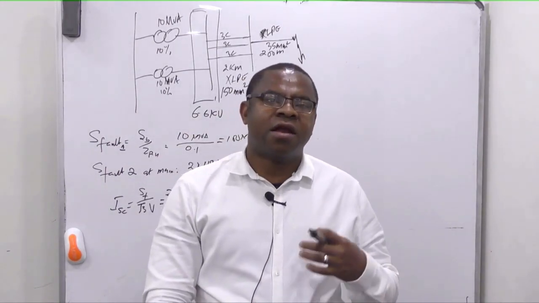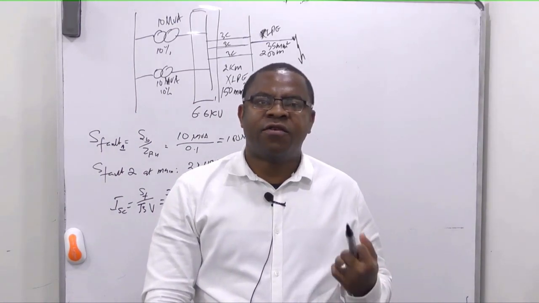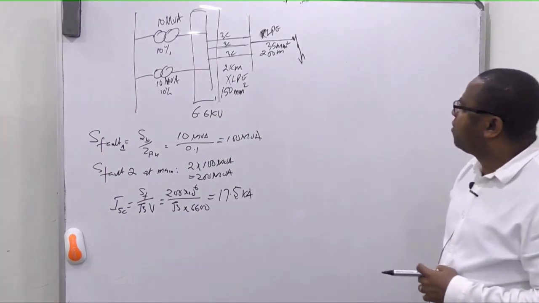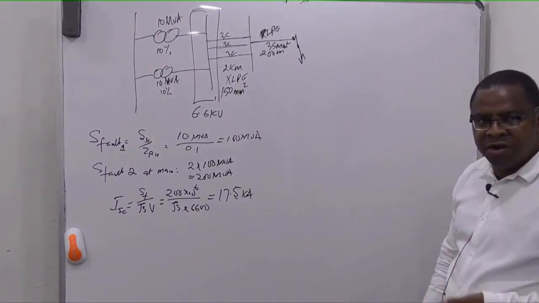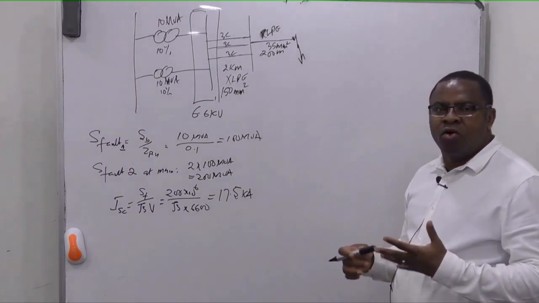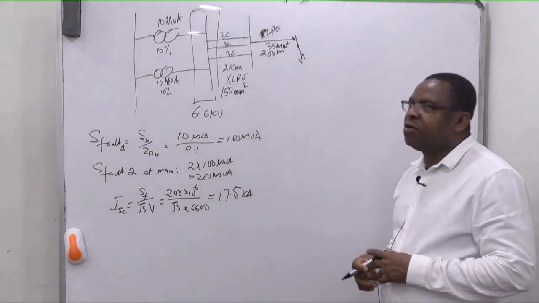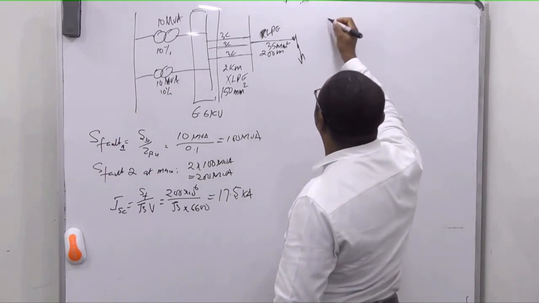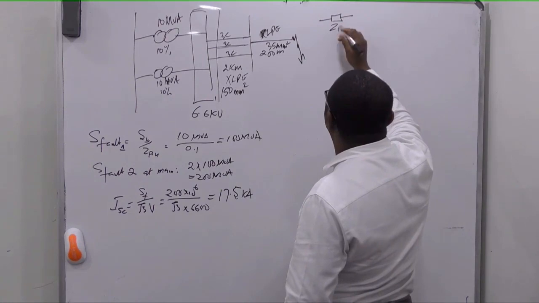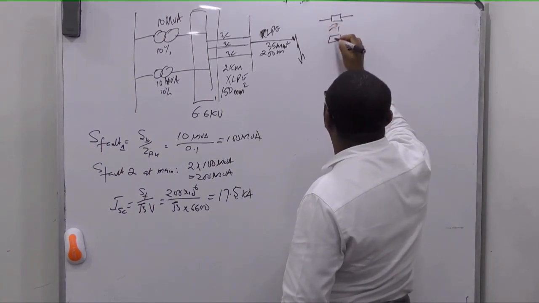We can calculate the fault level, we can use the per unit method, or we can use the ohmic method in ohms. If I use per unit, I can easily get the Z of the two transformers.